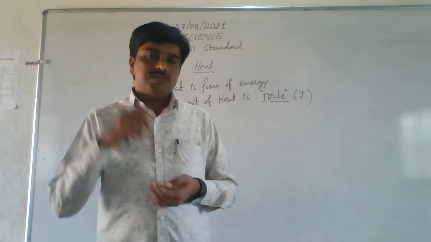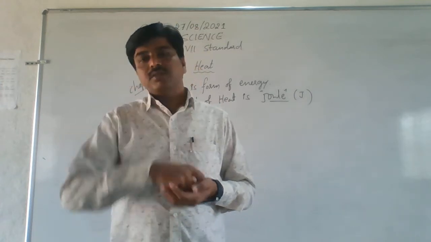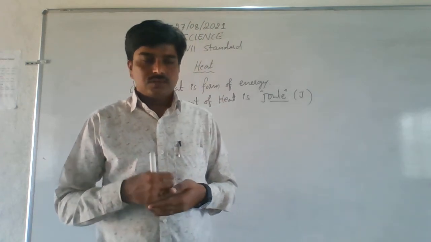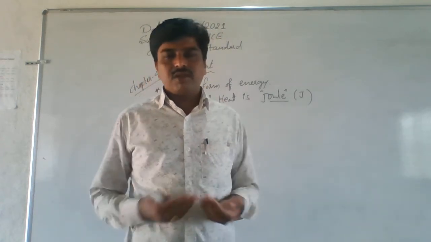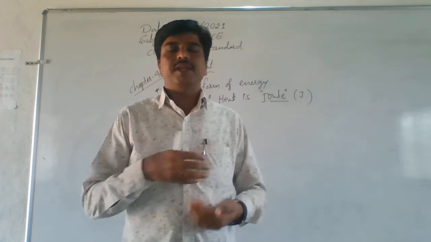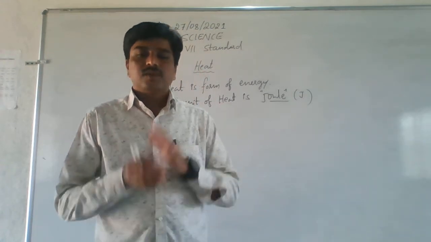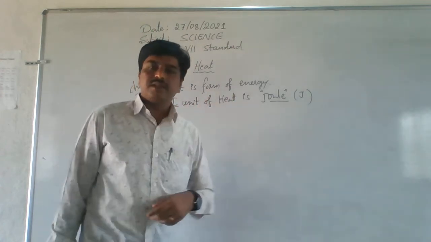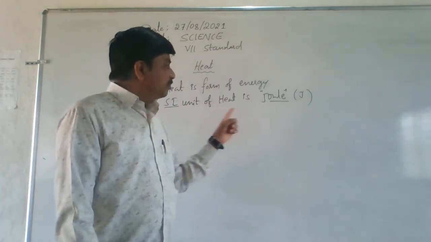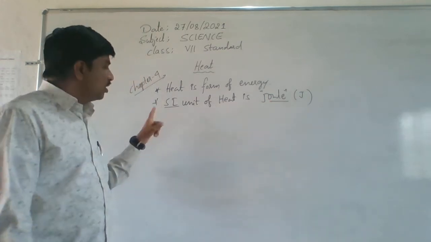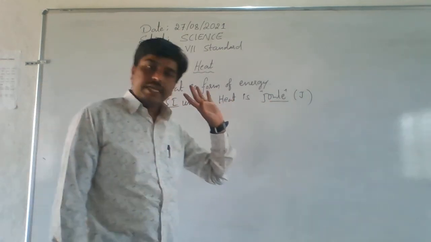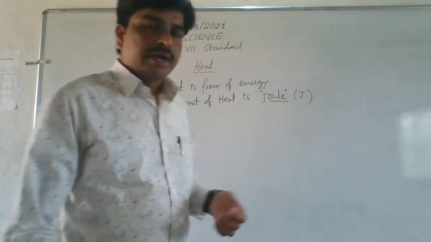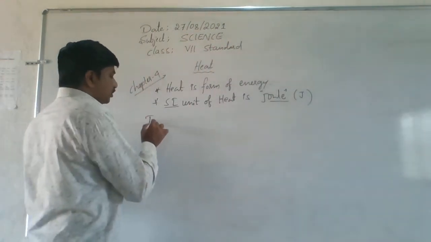In the summer season, we are going to wear what? Cotton clothes. Yes, sir. So seasonally, we are wearing different kinds of clothes to maintain our body temperature and heat. So according to your chapter, heat is a form of energy, and heat is measured in joule, and joule is called the SI unit of heat. That's all.